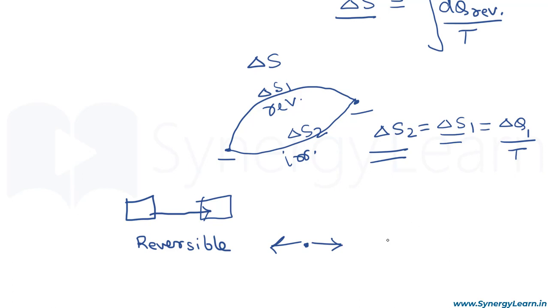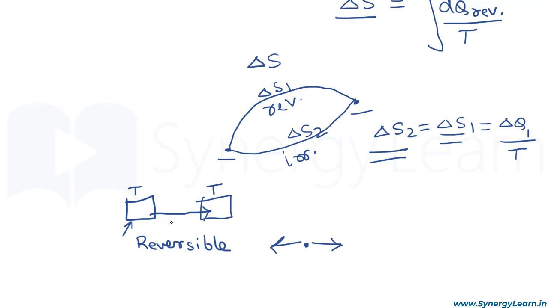That is, with a slight change in conditions, you can move the process in either direction. Let us say these two bodies are at the same temperature and we are heating the first body very slowly so that its temperature rises and it transfers heat to the second body.